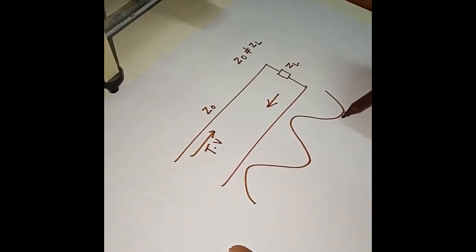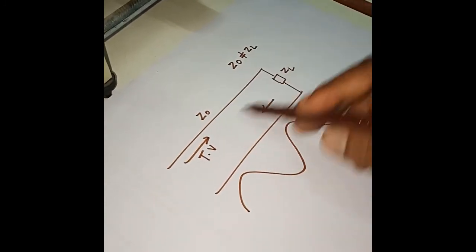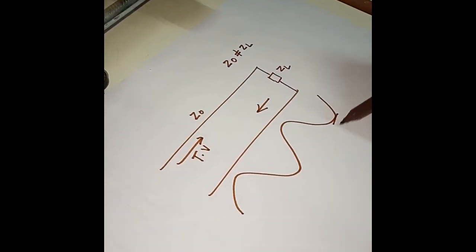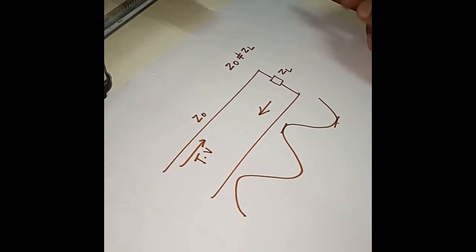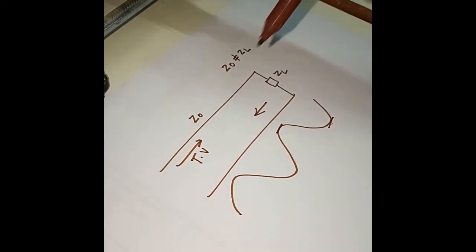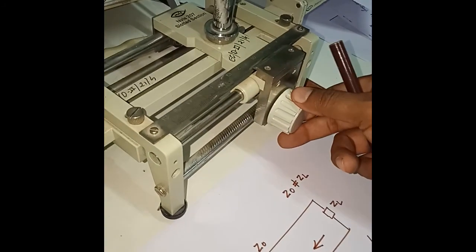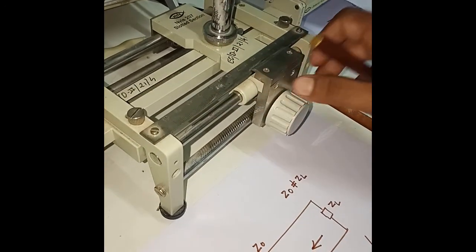Somewhere it will have a minimum voltage, because the signals are out of phase, so there will be subtraction of the signal and there will be minima, and at some locations there will be maxima. So when we move our probe along the transmission line, or our slotted line section like this one, we can find that the voltage level will change on the oscilloscope.